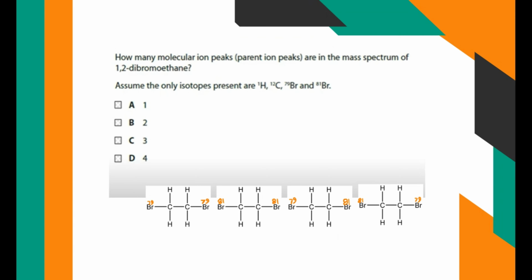One peak would be for 79 and 79, one peak would be for 81 and 81, and a peak with twice the abundance for 79 and 81 and 81 and 79, since they have the same mass but twice the probability. So in total we will have 3 peaks. The other peaks for carbon and hydrogen will not be different because the question stated there is only one isotope for carbon and hydrogen.